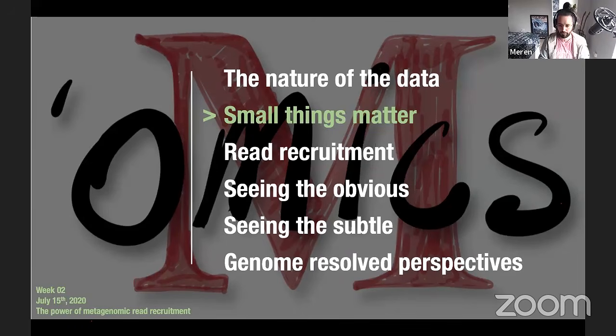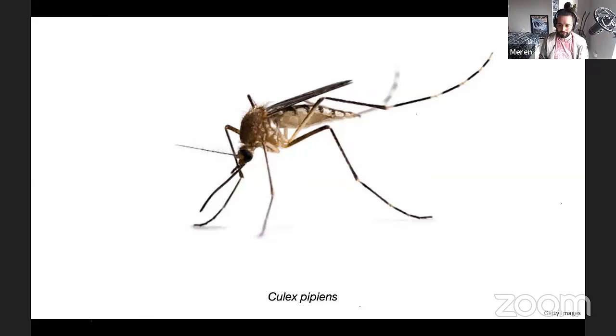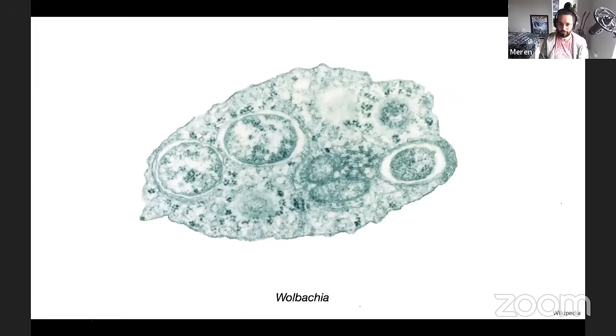And I'm going to share with you one of the stories that had a huge influence on my thinking about microbial life and, in general, evolution on Earth. This story comes from a relatively well-established field that studies host-microbe interactions in the context of this mosquito, Culex pipiens, and this microbe called Wolbachia.